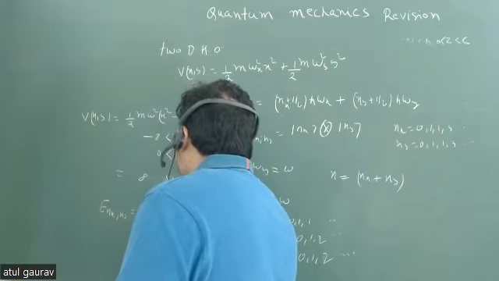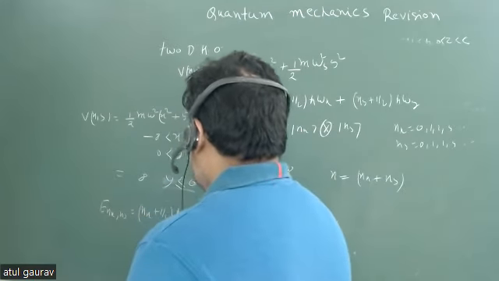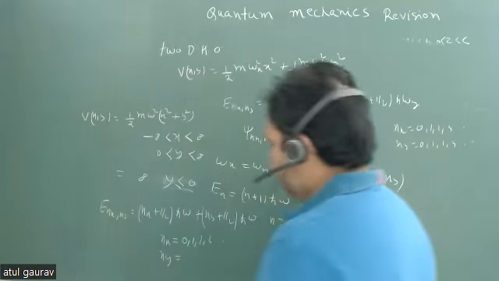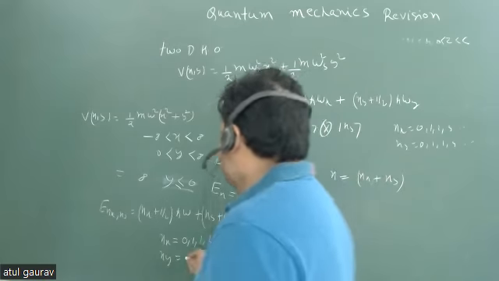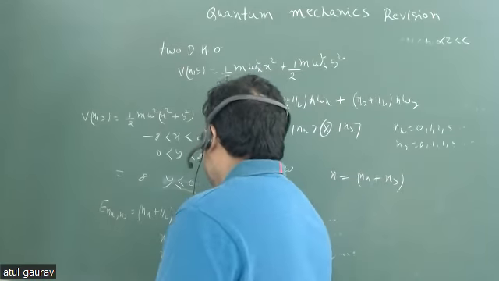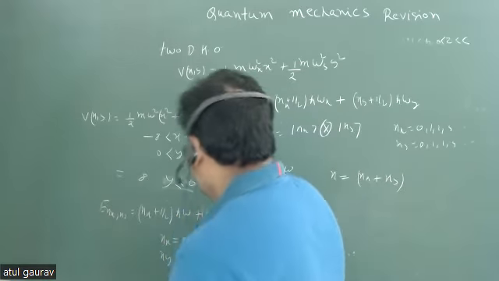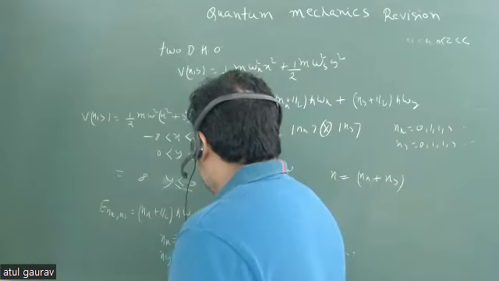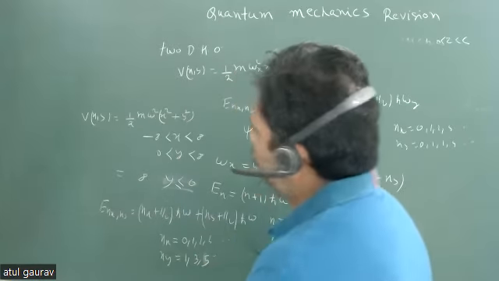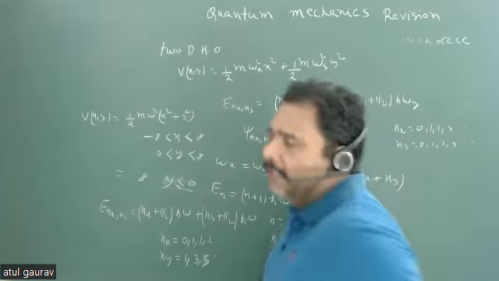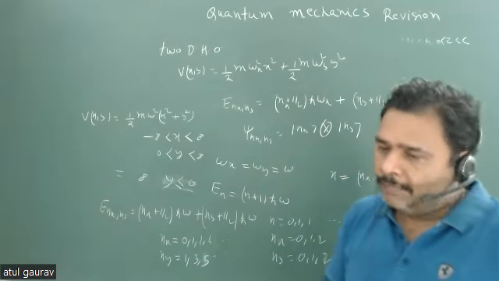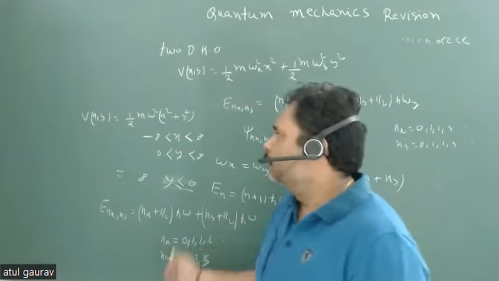And what about ny? The values are 1, 3, 5, and so on. So you have to always prepare this type of problem. This question has come once in the GATE exam, so such questions can come in your NET exam also.